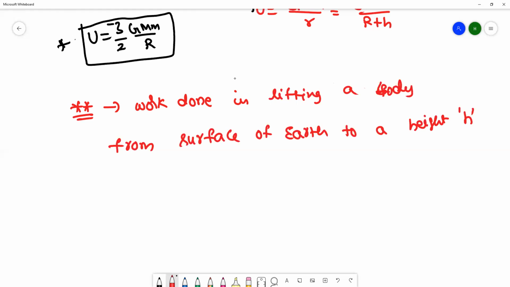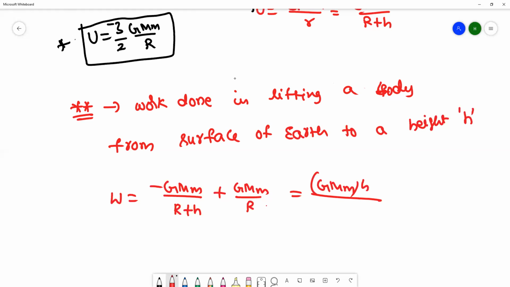Work done is equal to the final potential energy, minus G into M divided by r plus h, plus the initial, G into M divided by r. So this is the final, this is the initial. Finally we'll get GMm into h divided by r plus h into r.